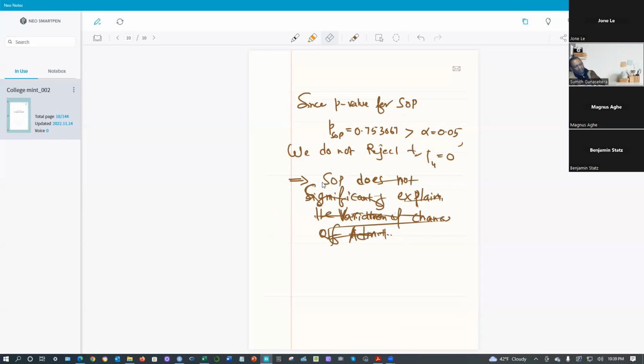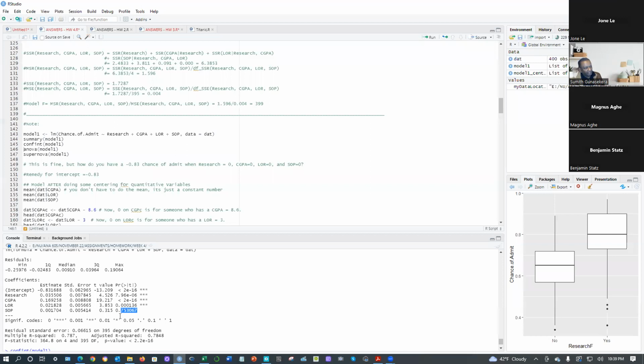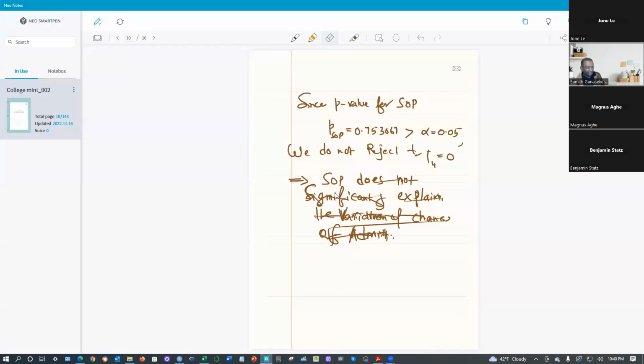Even though it's already in this one, it doesn't say how you know that, by looking at the p-value. The p-value is greater than that. If the p-value is less than 0.05 or extremely small, you reject H naught, and we call the test significant. If you don't, we say the test of hypothesis is not significant.